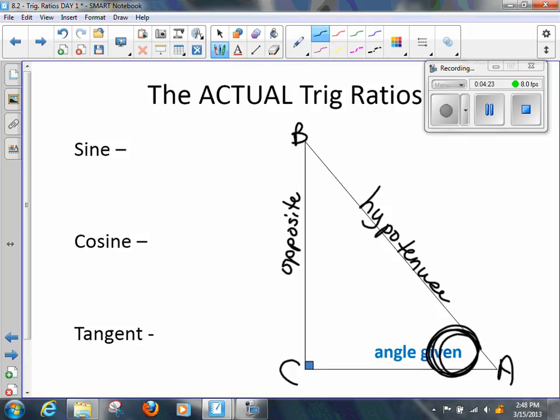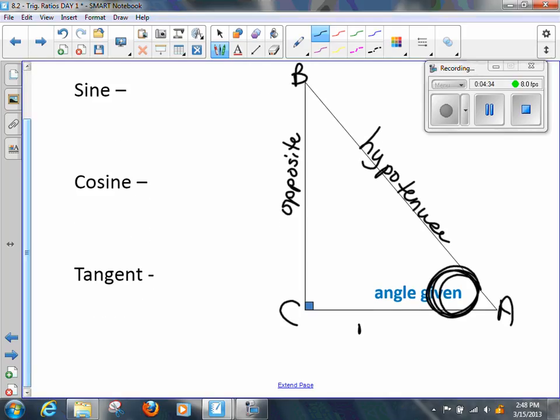That means that whatever's left over is called the adjacent side. Do you remember what adjacent means? Next to, side by side.